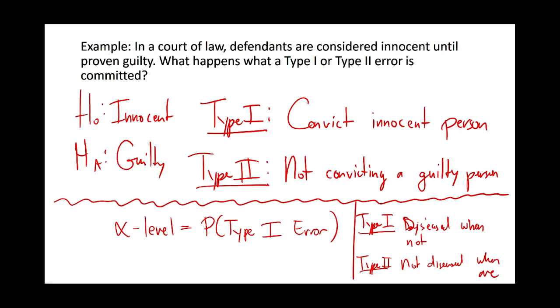But you can control the type 1 error, and that's the alpha level that you set. So like before, I said you always pick your confidence level in advance. You always pick your alpha level for a hypothesis test in advance. And sometimes a type 1 error is worse, like in this case right here, most of us would probably consider type 1 the worst of those two errors, right?